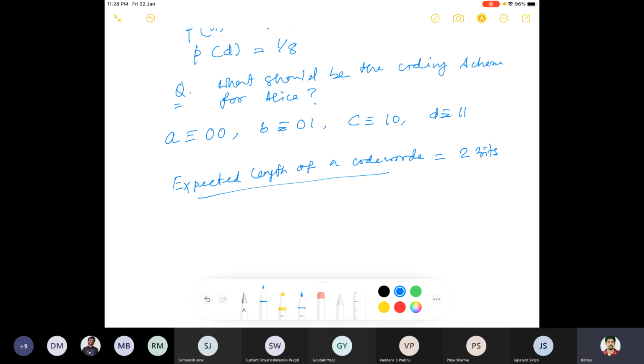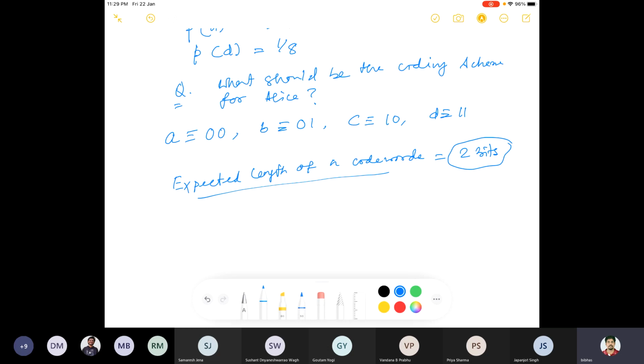But let's say the channel is costly. So then the question will be, can I have expected length which is less than 2? Is it possible? Can Alice design a coding scheme where this is less than 2 bits?